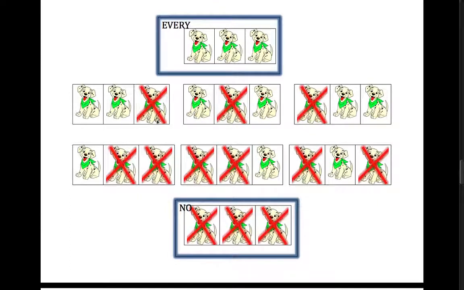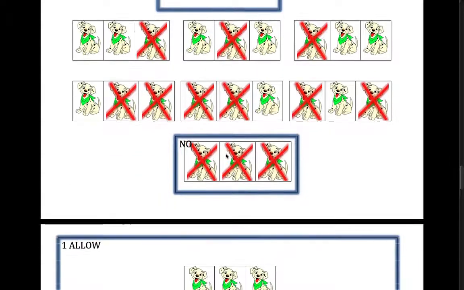And so, any one of these six situations is outside of "every" and outside of "no." So it's really easy for these two things to be false at the same time, and it's impossible for them to be true because these two sets don't overlap at all. We say they don't intersect. Okay, so that's what I call the contrary, right? They can't be true at the same time, but they can be false at the same time.